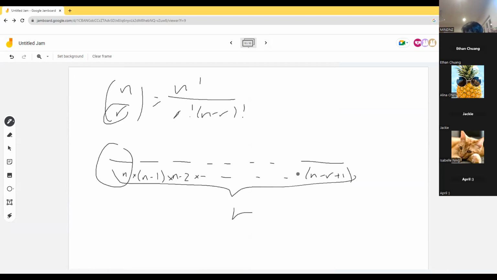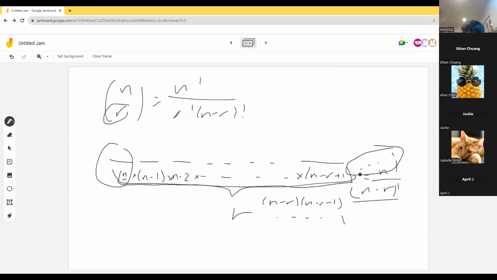We multiply all of that together, that's equal to n factorial over n minus R factorial. Because n minus R factorial is n minus R times n minus R minus 1 all the way down to 1, and n factorial is n times all the way down to 1. So the rest of n factorial, which was not included in here, is n minus R factorial.